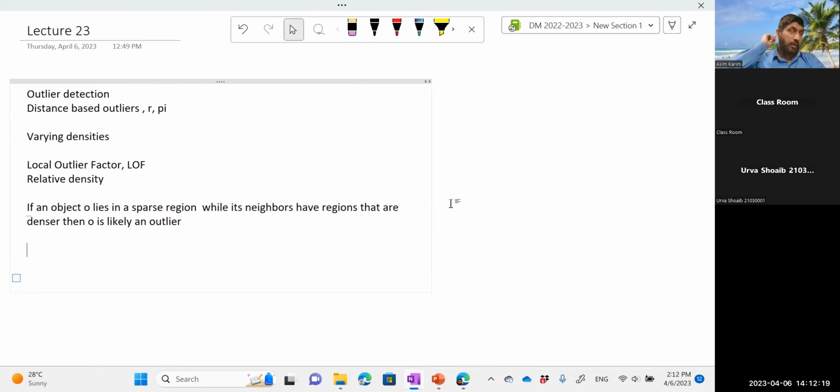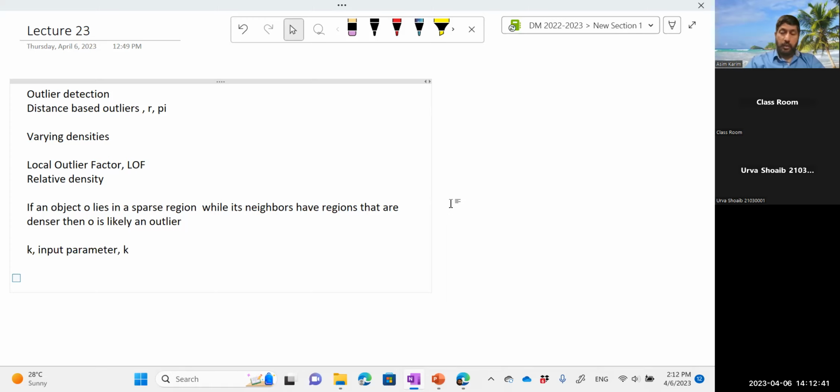So LOF, as I said, is a fairly popular technique. It has roots in density-based clustering, but it's primarily used for outlier detection. It requires a parameter called K, which is the K nearest neighbor. So this is the input parameter.